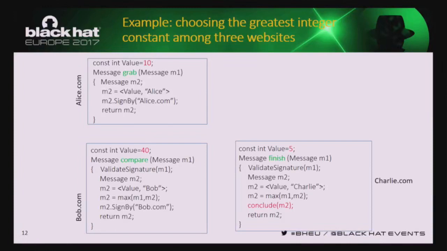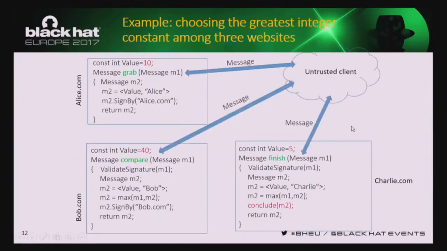Method compare compares Bob's value with the value in the incoming message, and then returns the greater one. Method finish compares Charlie's value with the value in the incoming message, and then picks the greater one in M2, and then calls conclude M2.